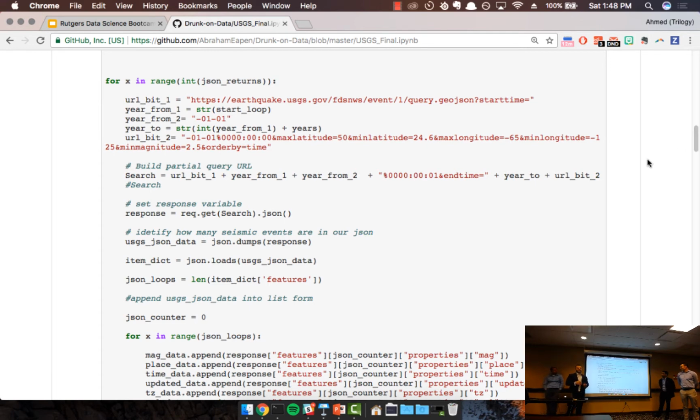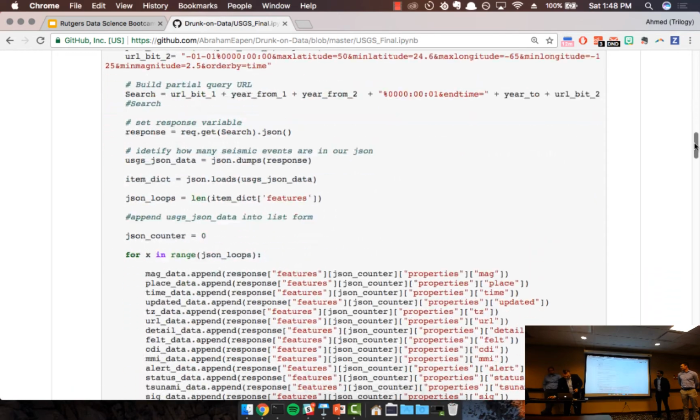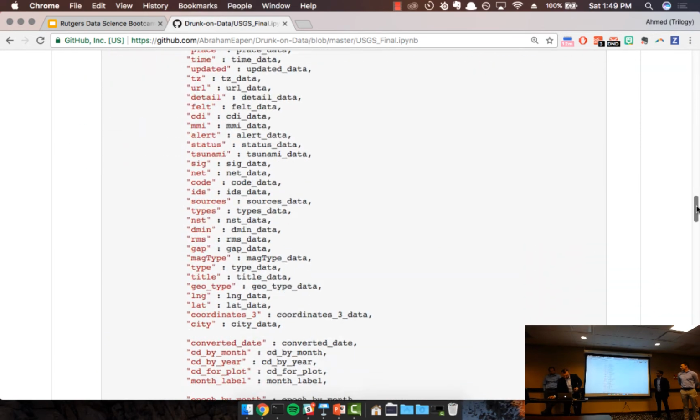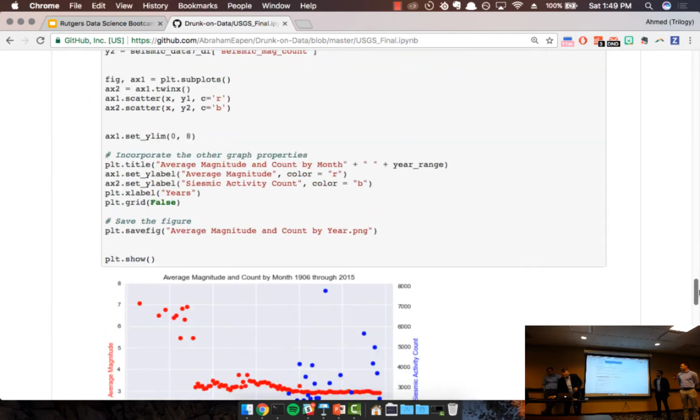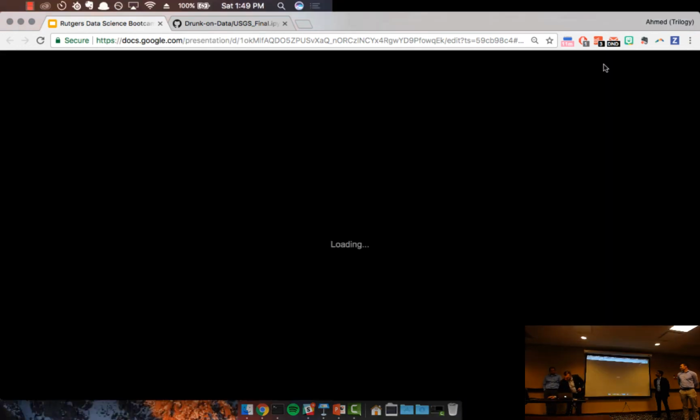So back when there was less data, we could have pulled a longer range, but as you get closer to the present time, there's more and more data available, so you're probably going to get only about 5 years worth of data in one pull, which isn't too bad, but we calculated that up in this area here. Not going to bore you with the details. I'm keeping it brief, I promised. All right, so we've got our appendings, and here's our data frame, and blah, blah, blah, all the good stuff.